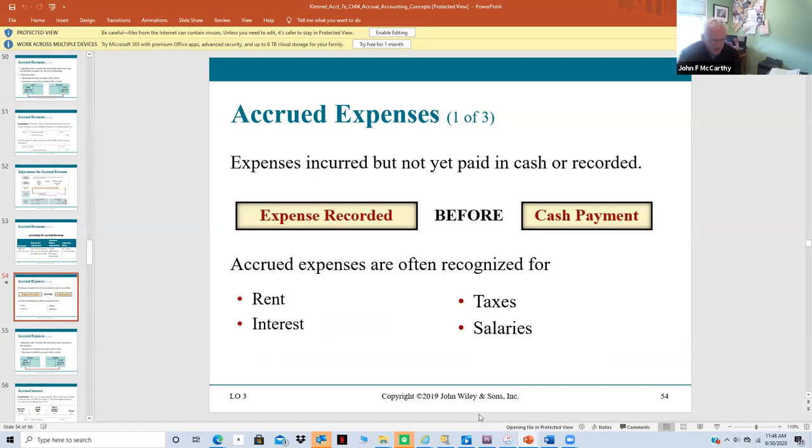So it could be salaries and wages. I used the example earlier that the workforce of the company gets paid on the 15th of each month, and at the end of the year, December 31, let's say that's a year end, the company owes the workforce 2 weeks of salary between December 15th and December 31st, even though it's not going to get paid till the next January 15th. So that has to be accrued.